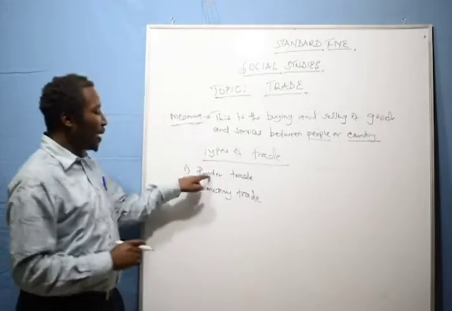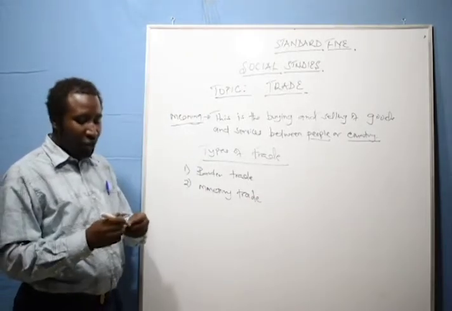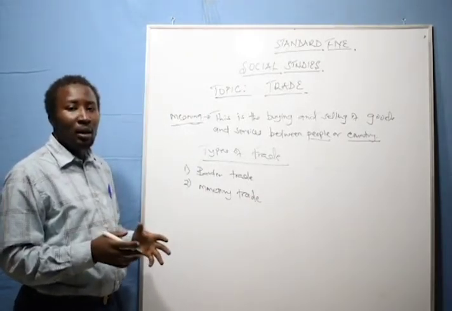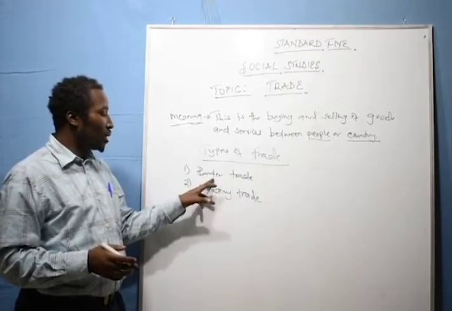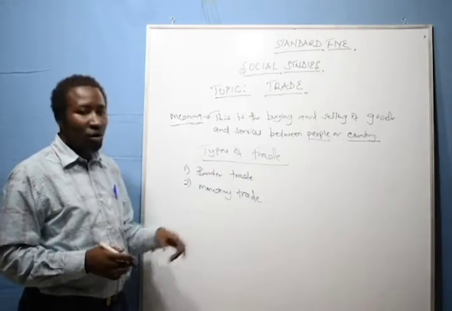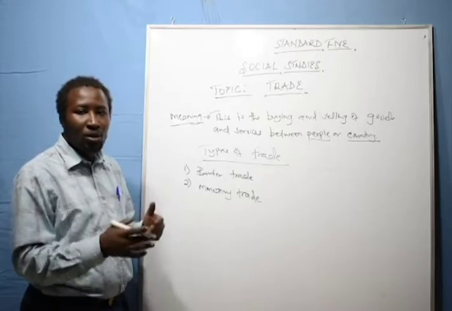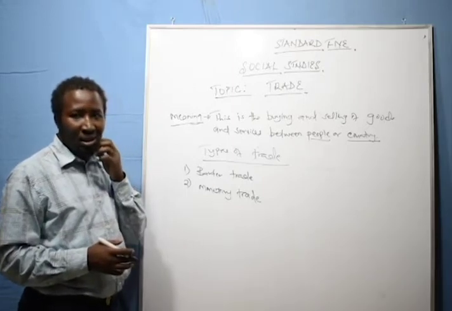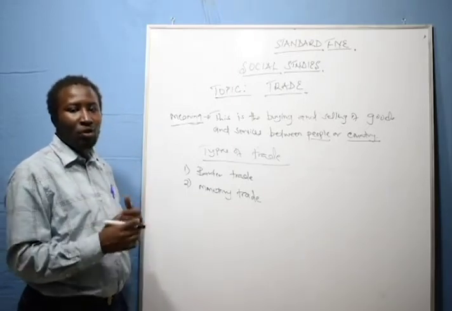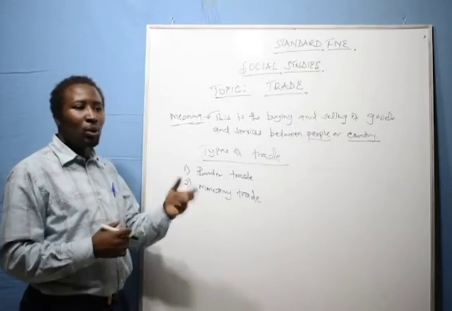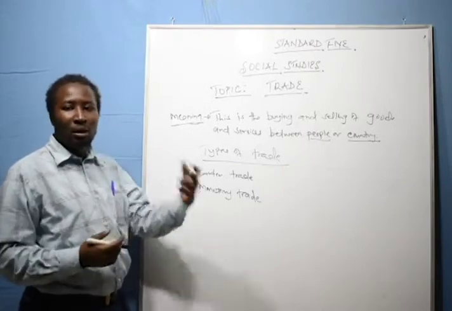So barter trade was a trade done between goods and other goods. This is a trade whereby you sell goods for other goods.